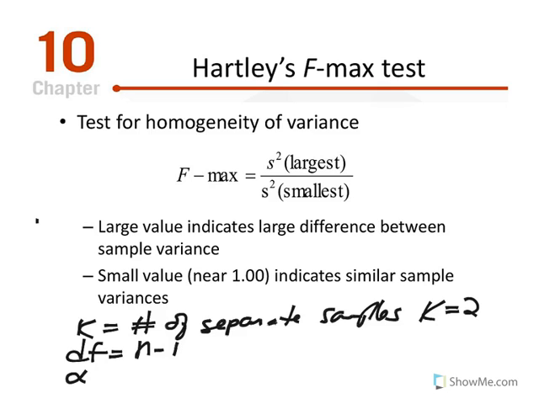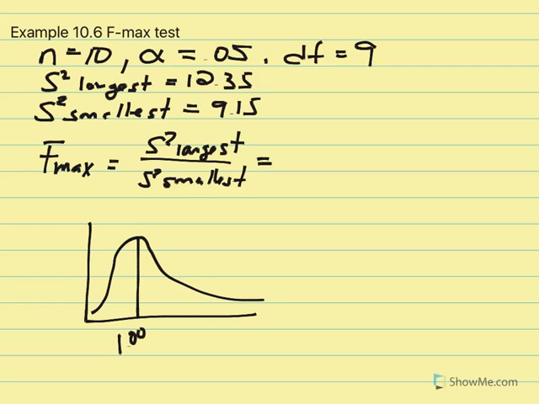The table provides critical values for 0.05 alpha and 0.01, and normally the test for homogeneity would use a larger alpha. So now I'm going to walk you through example 10.6 with the data that's provided to determine if we are working with 2 samples with similar variances that are representative of populations with equal variances.